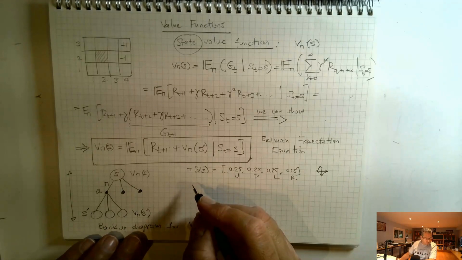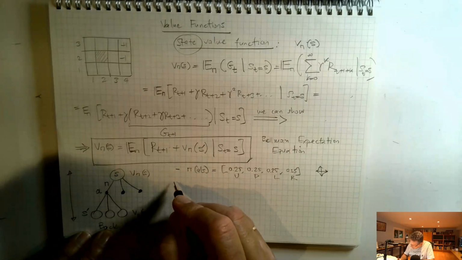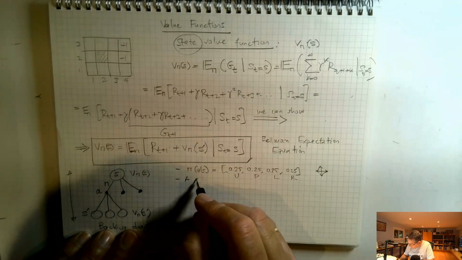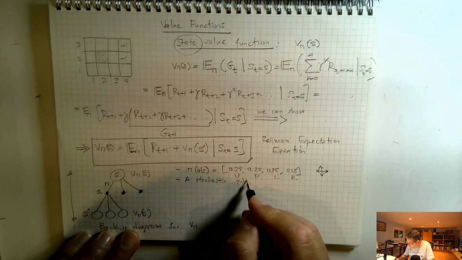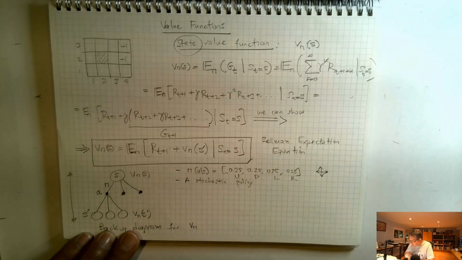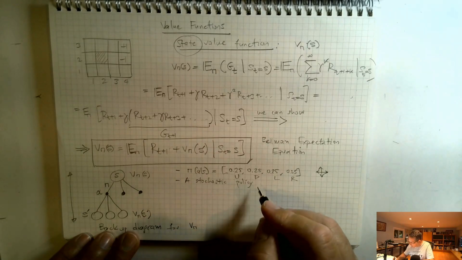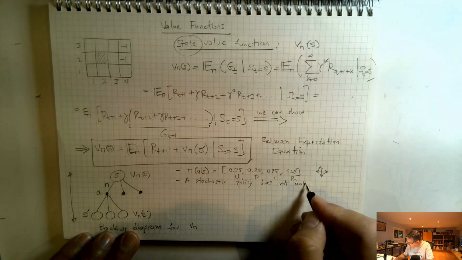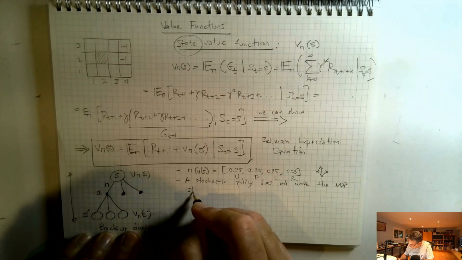Let's make it a bit more explicit. I think it's best not to attach stochastic so much to the policy, but to the MDP: a stochastic policy does not make the MDP stochastic.